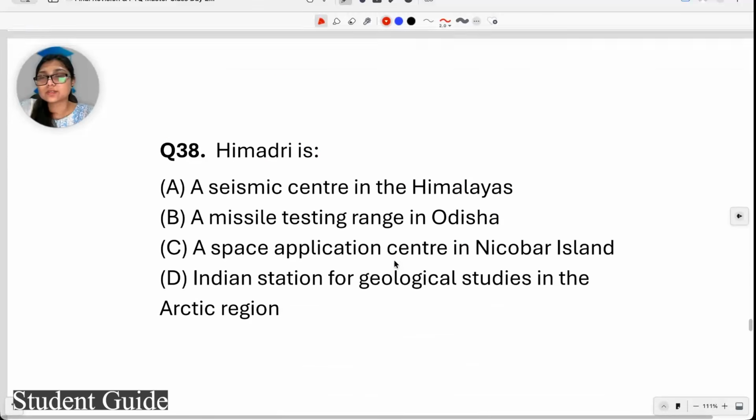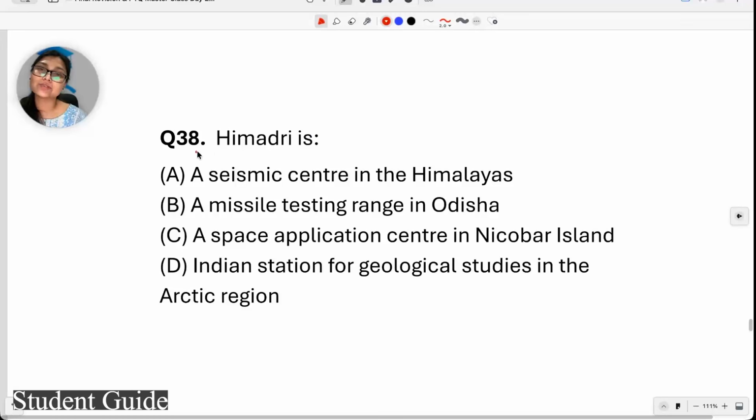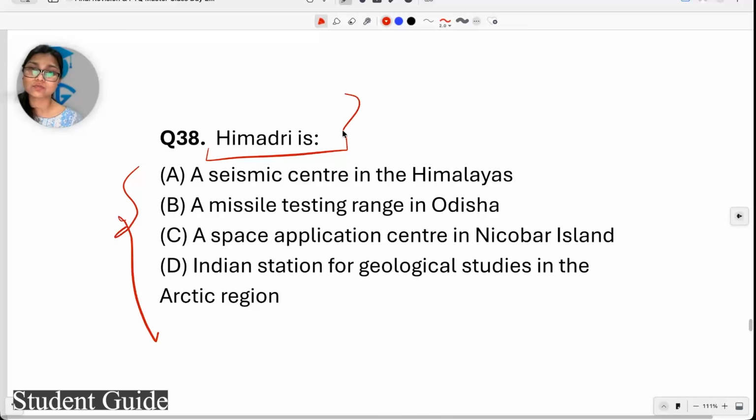Now moving to the next question. So Himadri, this is another important question from a geographical point of view. We need to check all of the options. It is asking, Himadri is what? Option A is saying a seismic center in the Himalaya. We can take this one for now, but it is not a complete one.